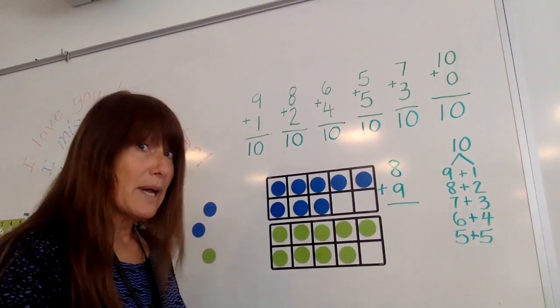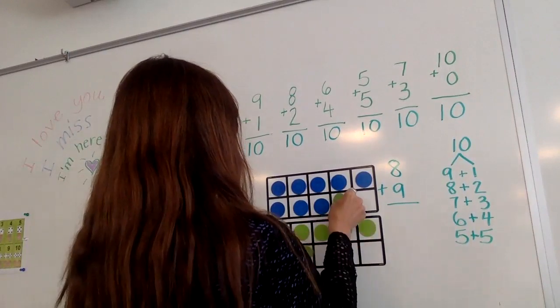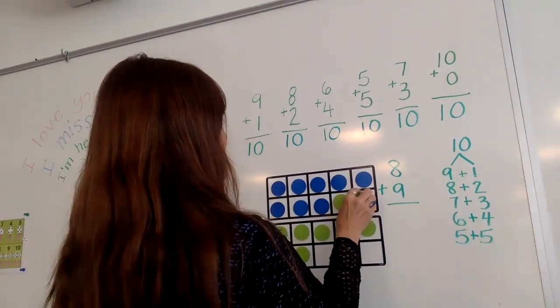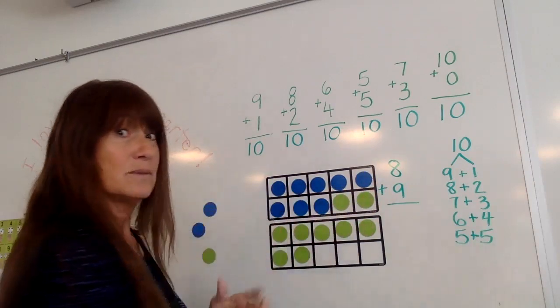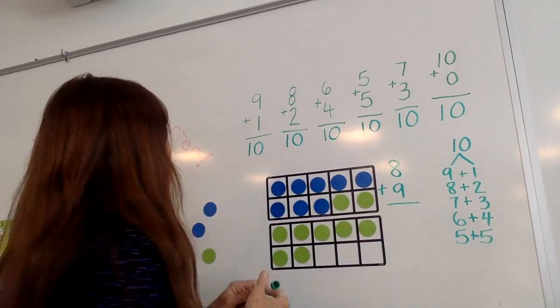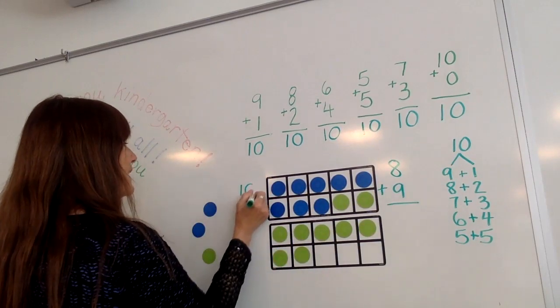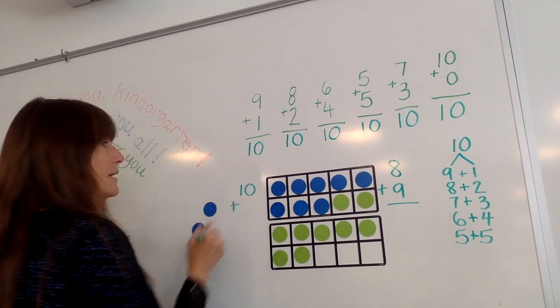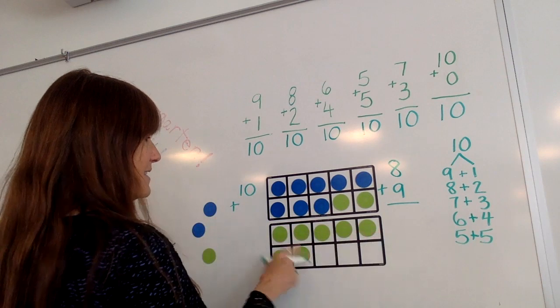Well, an easy way to do that is to take 2 from this 10 frame and fill in this one here. Okay, so now how many do we have here? We have 10. I'll write it on this side. So now we have 10. How many do we have left down here? 5, 6, 7, right?